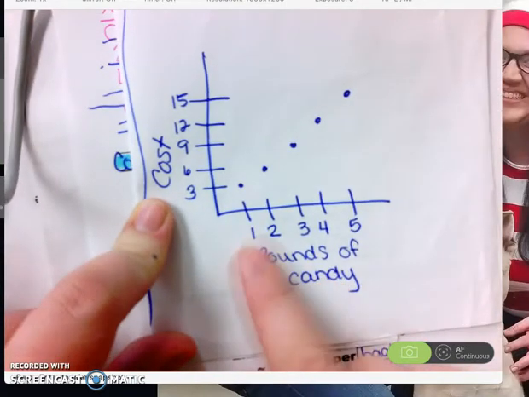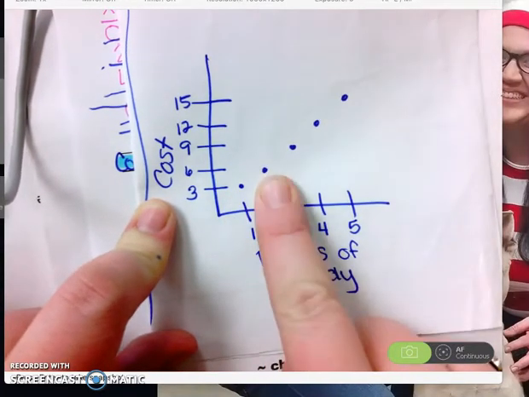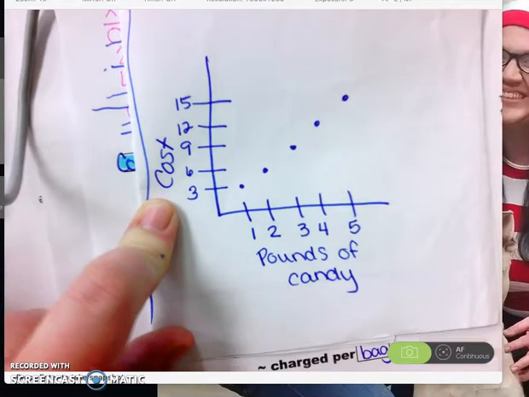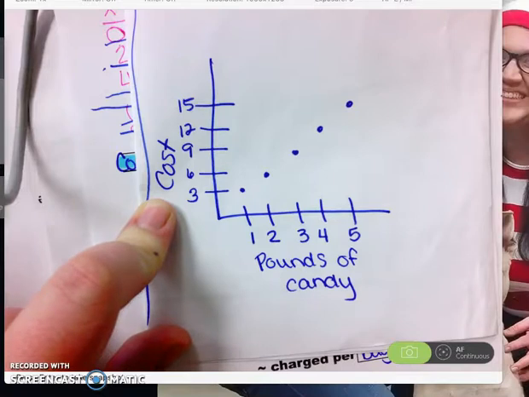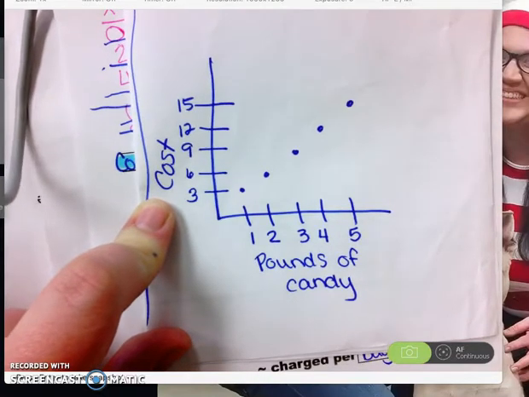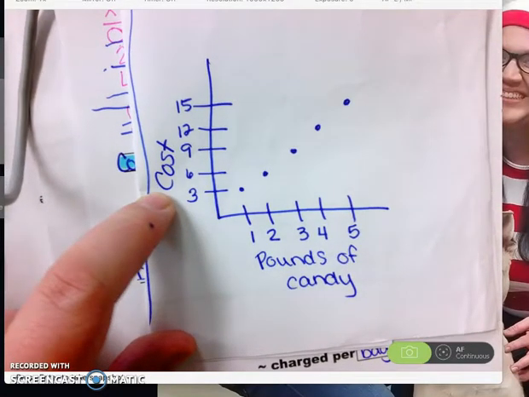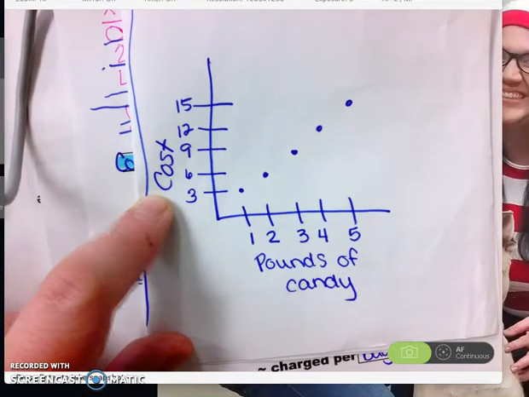So like 1 pound is $3, and 2 pounds is $6, and 3 pounds is $9. Well, when you are at a store and you pick out these pounds of candy, it's not necessarily going to be an exact pound, because it's going to be partial pounds.